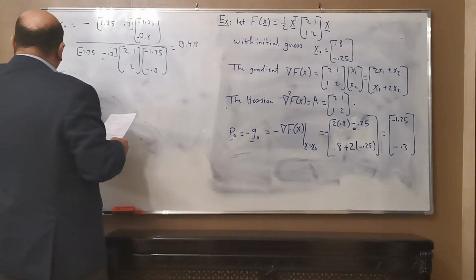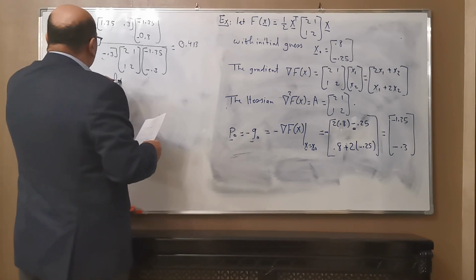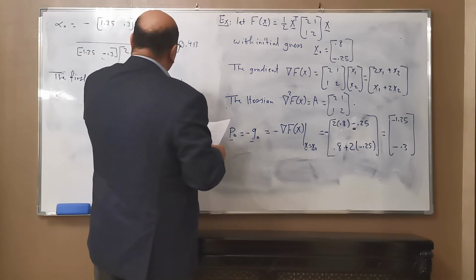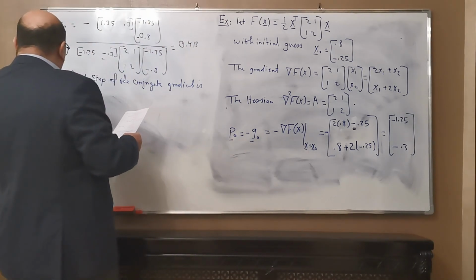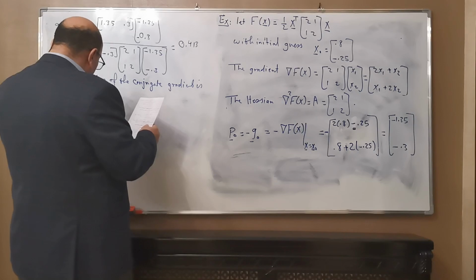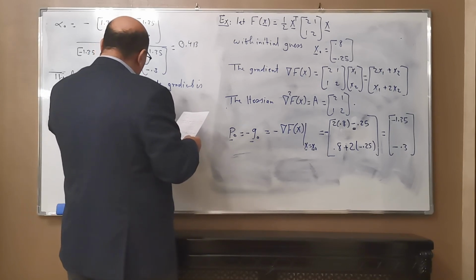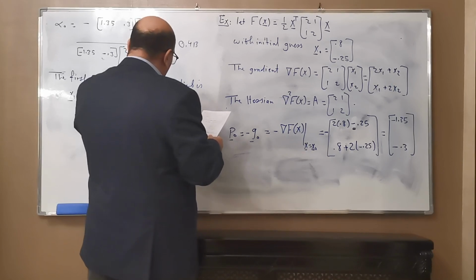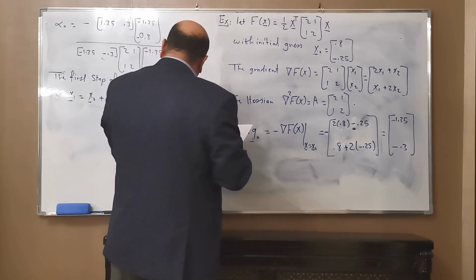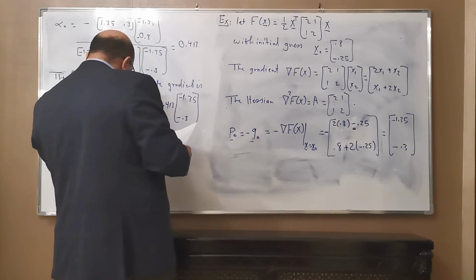So the first step of the conjugate gradient is x1 equals x0 plus alpha 0 p0, which is equal to (0.8, -0.25) plus 0.413 times (-1.35, -0.3), and this equals (0.24, -0.37).